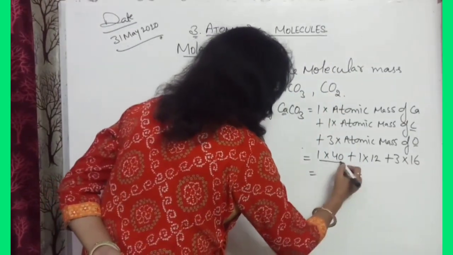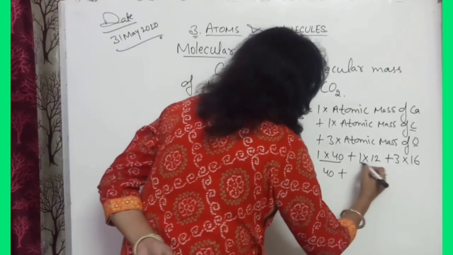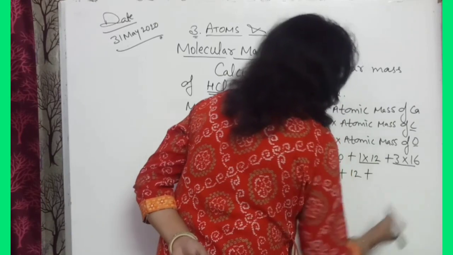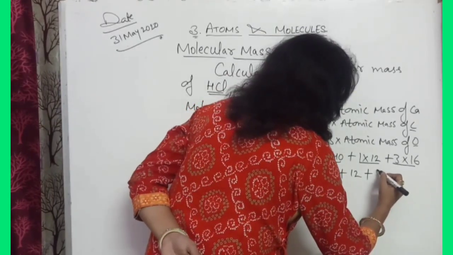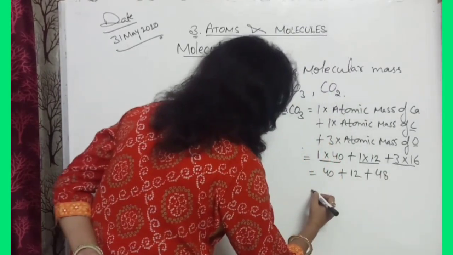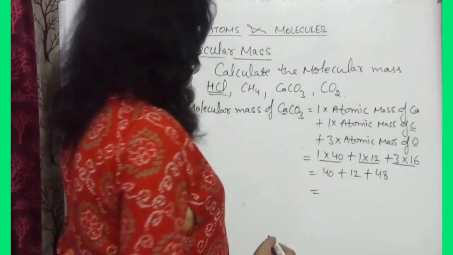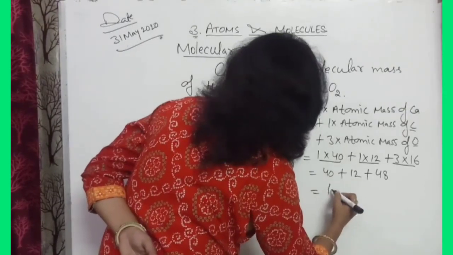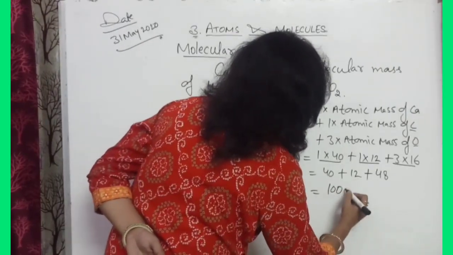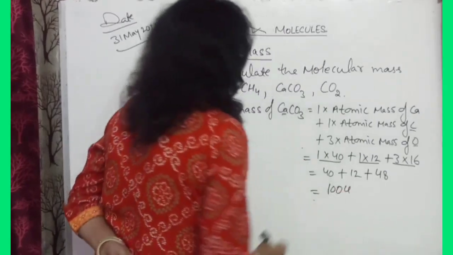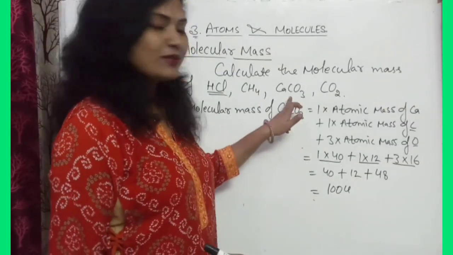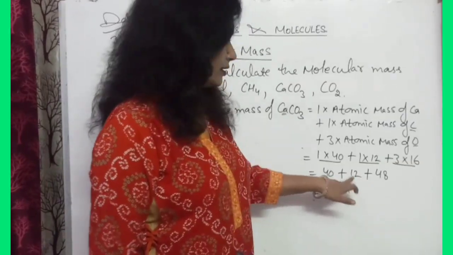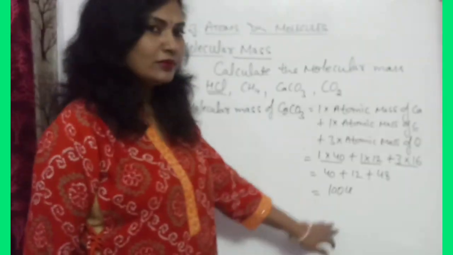Now multiply them: 40 plus 12 plus 3 times 16 is 48. Add them and you will get 100 U. So this is the molecular mass of CaCO3.